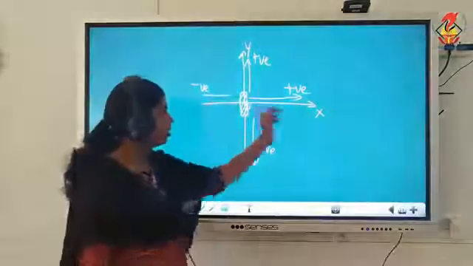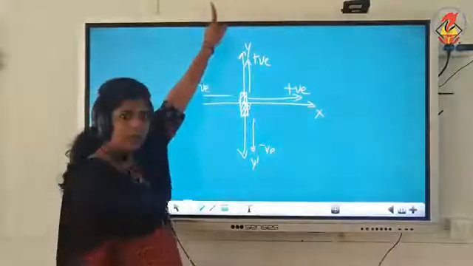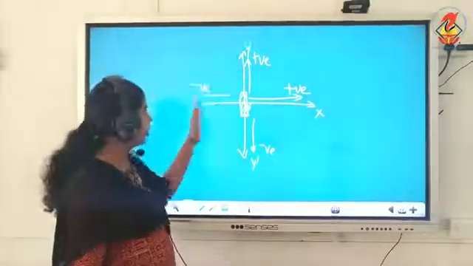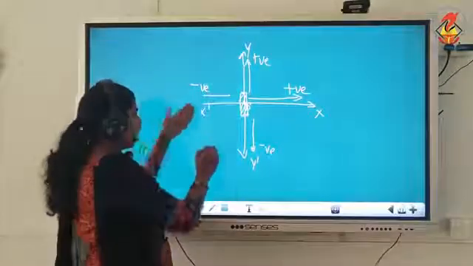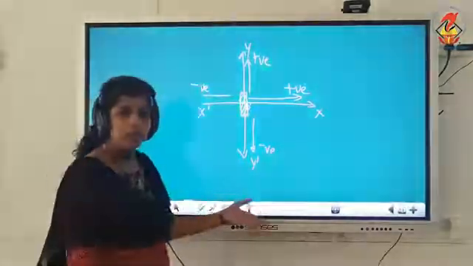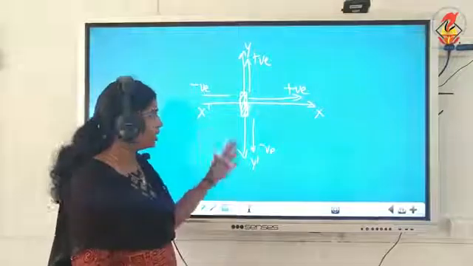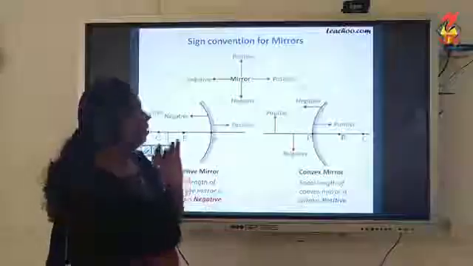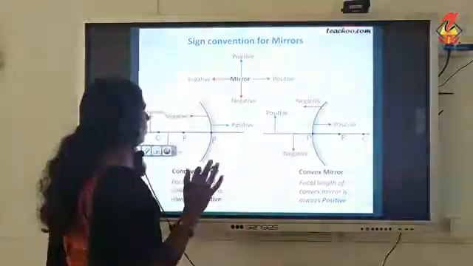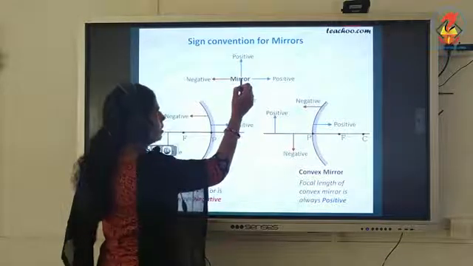From the origin, towards the x-axis is positive, towards the x dash axis is negative, towards the y-axis is positive, towards the y dash axis is negative. That is the basic graph idea. The same thing: in this origin, I placed a mirror.